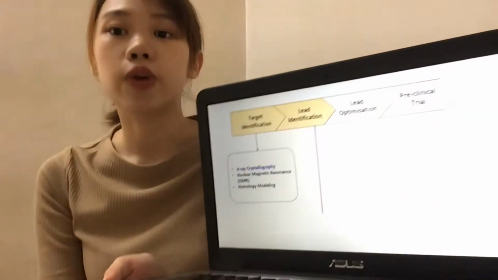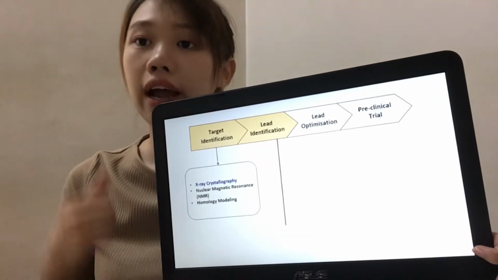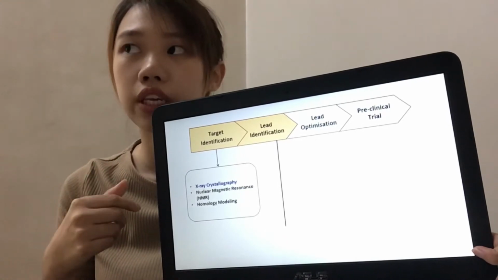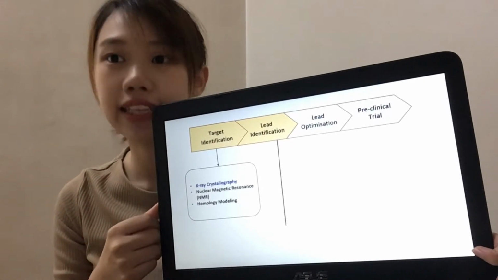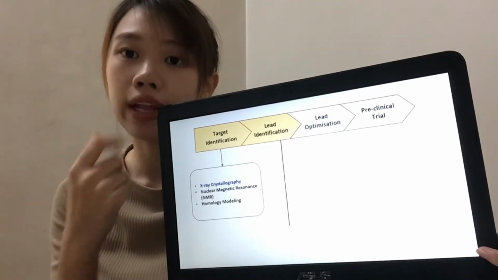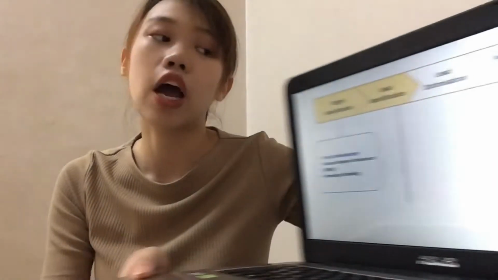The first one we call target identification, the very first step in our drug design because we have chosen to use structure-based drug design. The second one is lead identification, third is lead optimization, and the very last is preclinical and clinical trials. In my presentation here, I will only focus on the first 2 processes, which are target identification and lead identification.